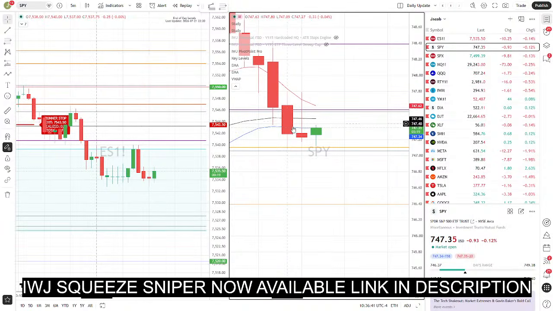This is starting to look like a potential failed breakdown of these moving averages, although that's not something I would personally trade. If they come up and hit VWAP, then it does look like a trap here that will move higher.